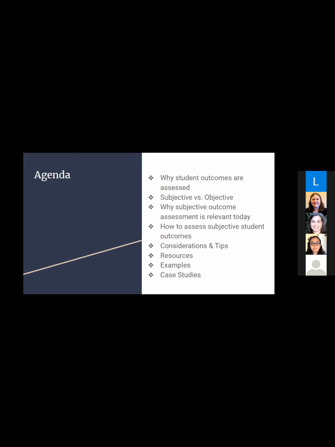So a few reminders and housekeeping things. This is going to be a hands-on session. If you remember my session from, I want to say July of this year, it was very hands-on, and this will be hands-on as well. I am going to share some different situations where subjective student outcomes need to be assessed, and then I'm going to ask you for solutions.